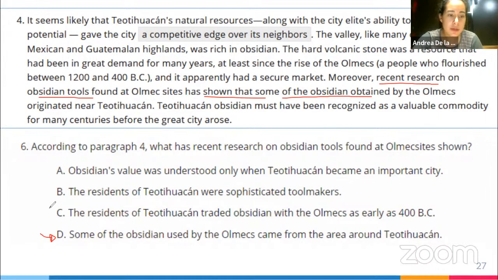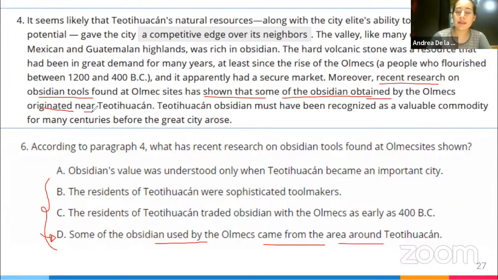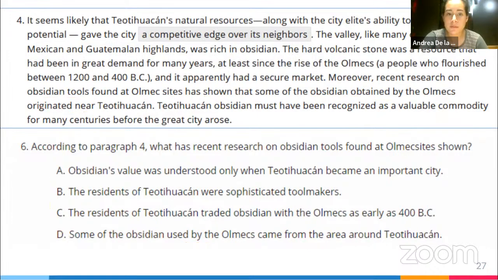Now we read the options and find the one that says the same in different words: obtained by the Olmecs, came from, originated, the area around, near. Those are just synonyms. So it is D. Is this okay? Do you have any questions, any comments before we go?